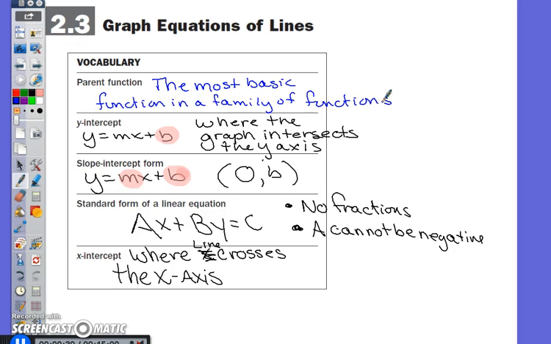And that's going to be for us y equals x. If you need to think of it in the y equals mx plus b form, know that your b would become 0 and your m is 1. So when you have y equals x, your slope is 1 over 1, your y-intercept is 0.